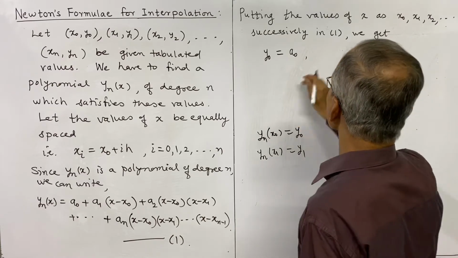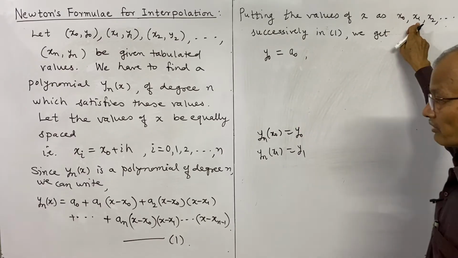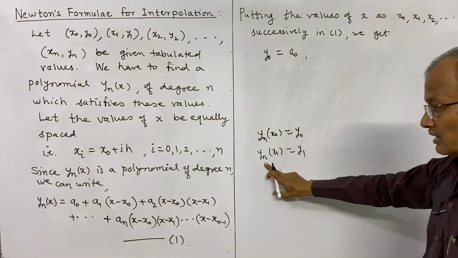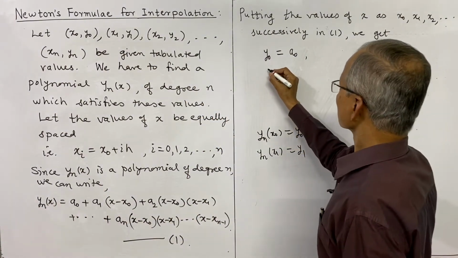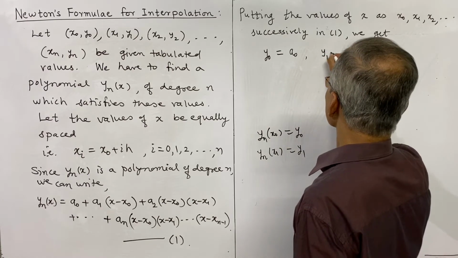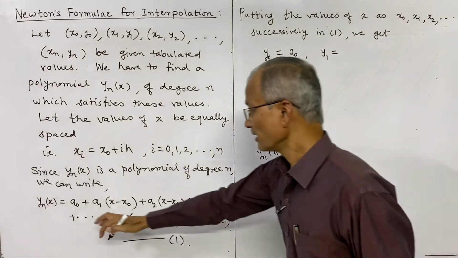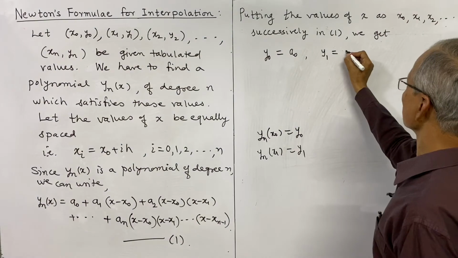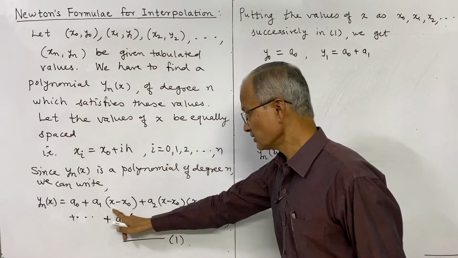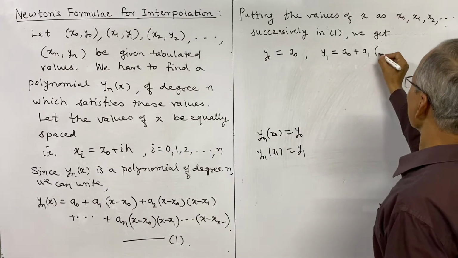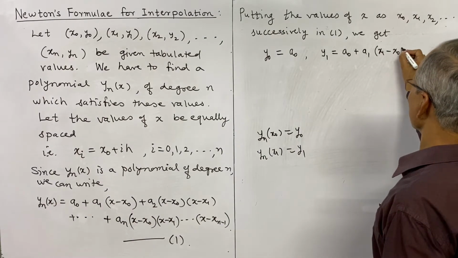Next, we put x is equal to x1. On the left side, yn at x1 is y1. So y1 is equal to, and what is the right side? a naught, that is a fixed value, plus a1, where x is x1, so x1 minus x naught.